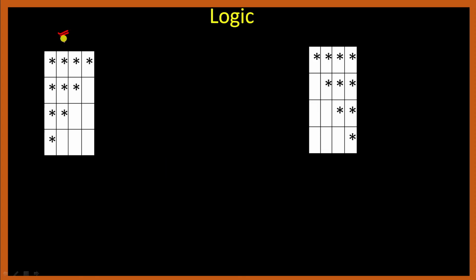For this question we have seen 2 logics in our previous video. In one logic we treated this as row number 1, then 2, then 3, then 4, and accordingly we made our logic. And in the other logic, we treated this as row 4, this as row number 3, this as row number 2, and the last row as row number 1.